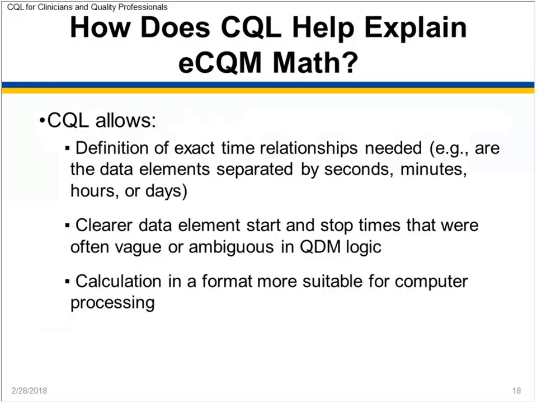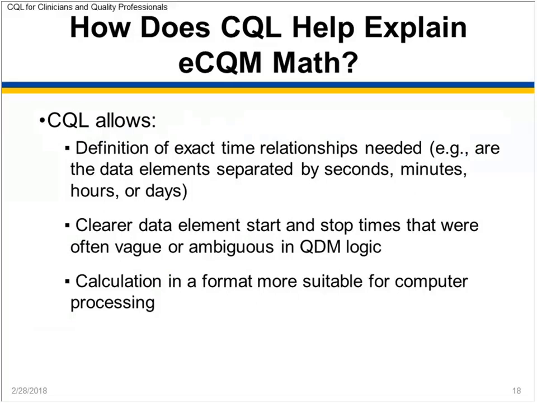So what we do is we use CQL, clinical quality language, to describe that calculation. What does it do? It lets you define the exact time relationships needed. Are the data elements separated by seconds, minutes, days, or hours? How can you identify when something starts and when something ends?